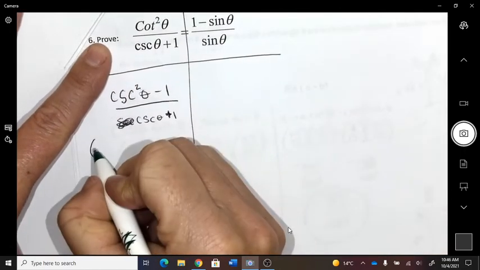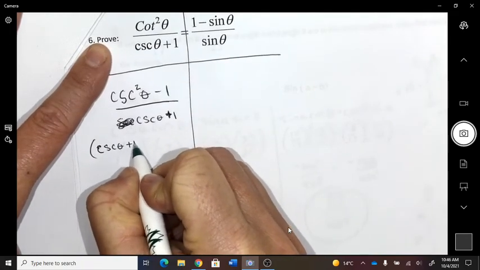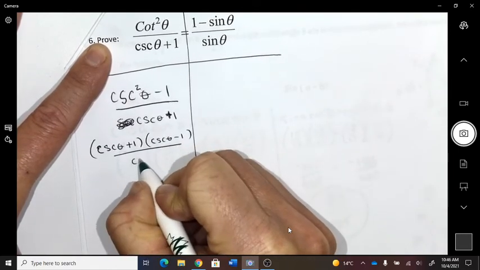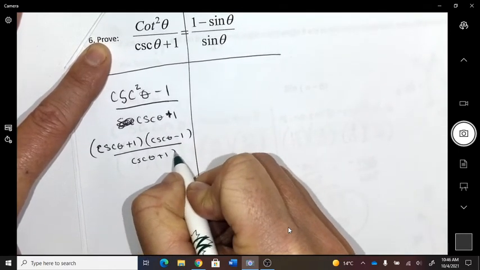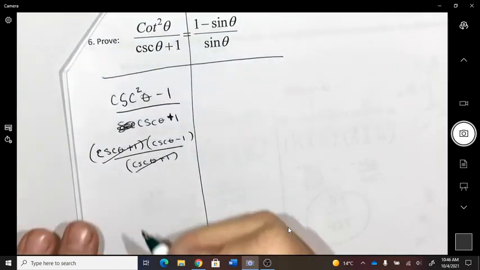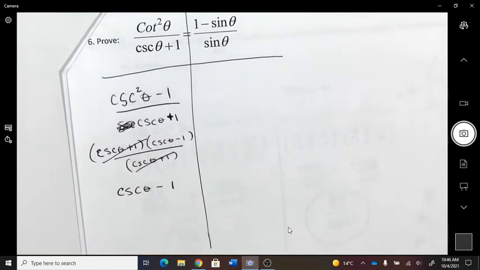So difference of squares. Okay, that helps because now I can cancel, right? And I'm left with cosecant theta minus 1.